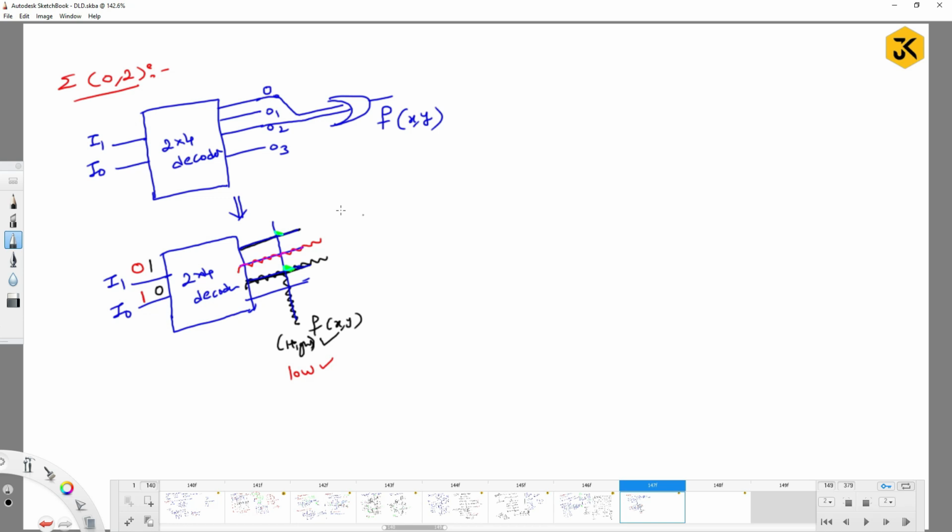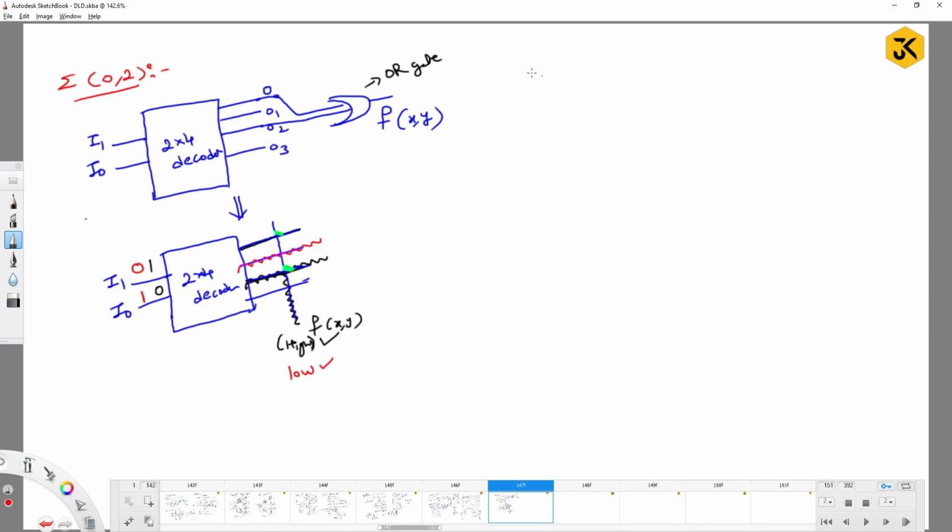Meaning that if I want to define one function, basically in decoders you require one OR gate. Similarly for this kind of representation, in order to represent one function, how many vertical lines are required? You require one vertical line. Okay, fine.